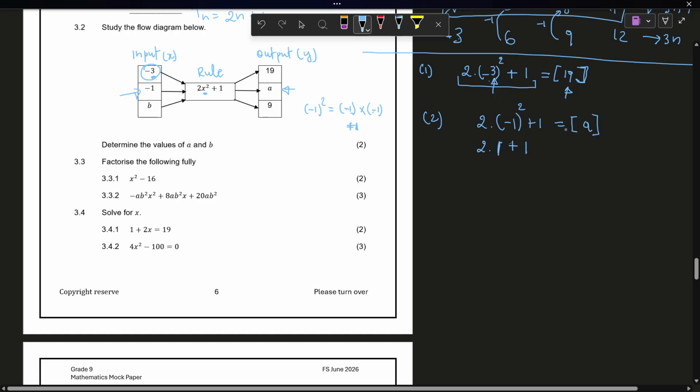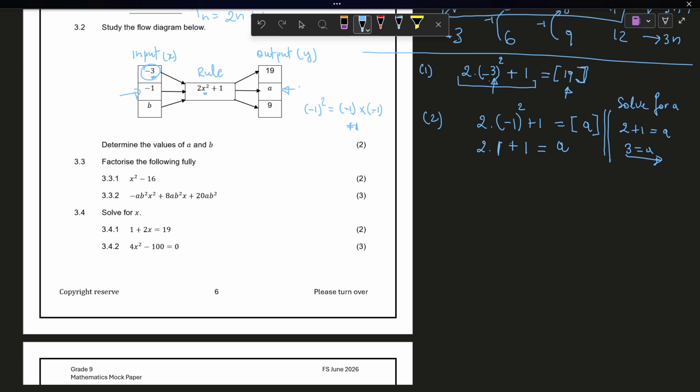Plus 1 equals A. Okay, so now we can just solve for A. So what is 2 times 1 is 2, plus 1 equals A. And then when we solve the left hand side, we have 3 equals A, and that's basically the answer. So A, the answer here for A, so basically the output will be equal to 3.